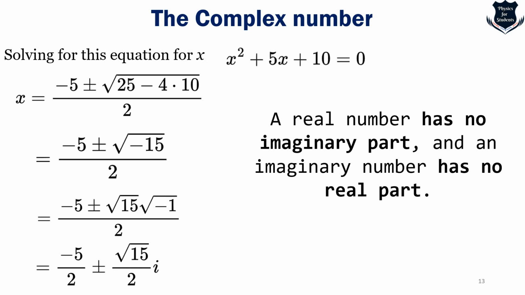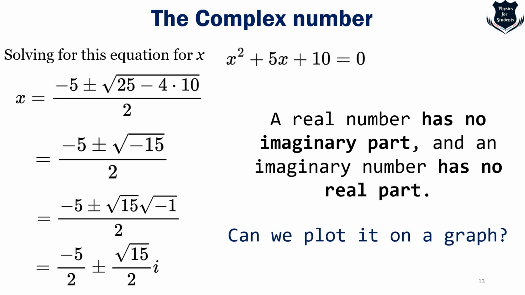We will soon see this. If we solve this equation further, we get the value minus 5 upon 2 plus or minus square root of 15 upon 2 i. So you see the real number has no imaginary part, and the imaginary part has no real part.